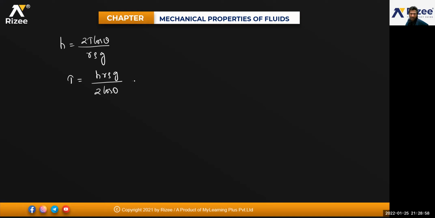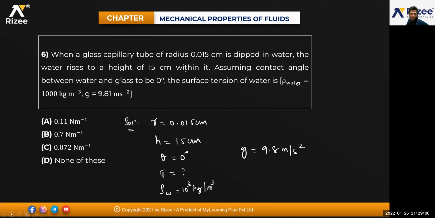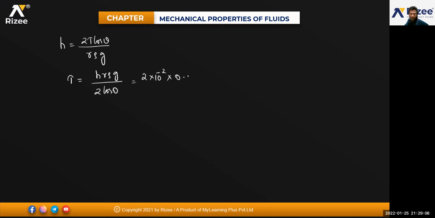Height is given as 2 centimeter, that is 2 into 10 to the power of minus 2. The radius is given as 0.015 centimeter, into 10 to the power of minus 2. Into density of water, which is 10 to the power of 3. g value is 9.8, divided by 2 into cos theta, whose value is 1.